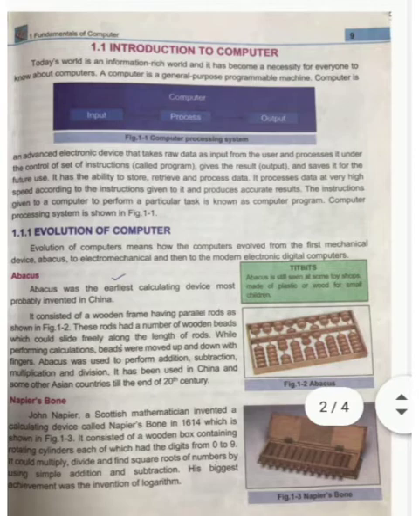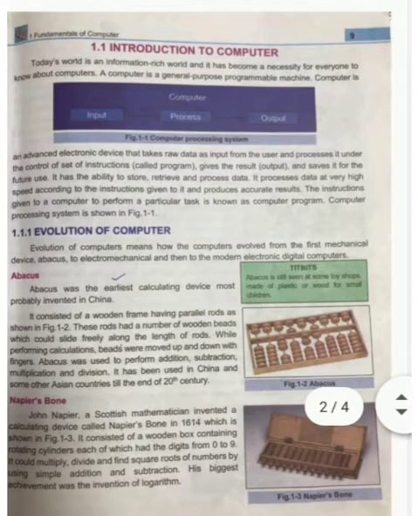So the computer has the ability to store, retrieve and process the data. It processes the data at a very high speed according to the set of instructions given to it and produces accurate results.